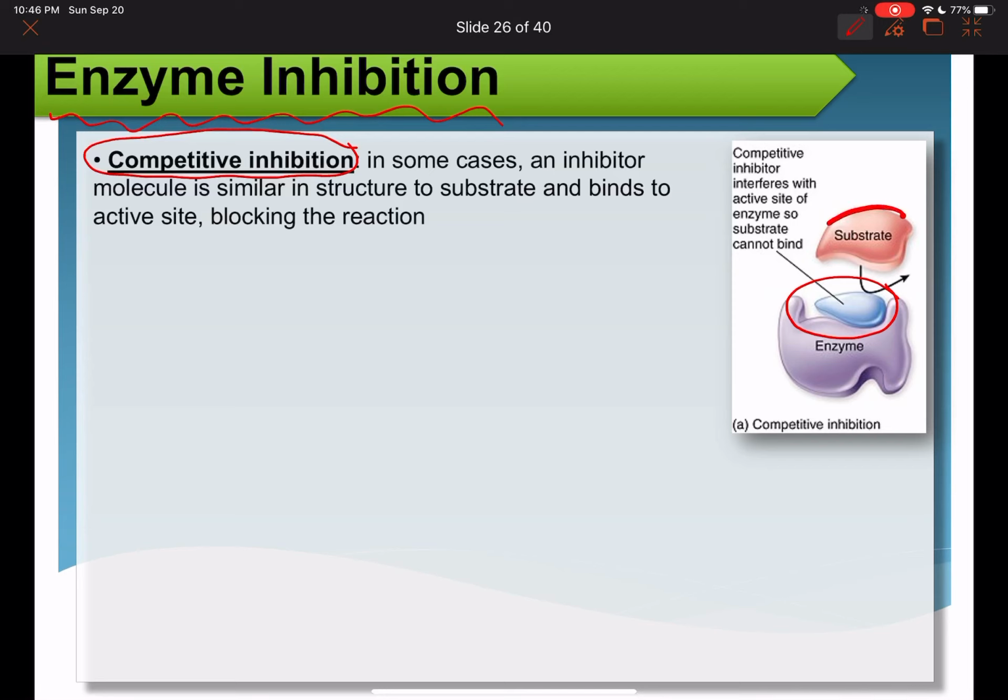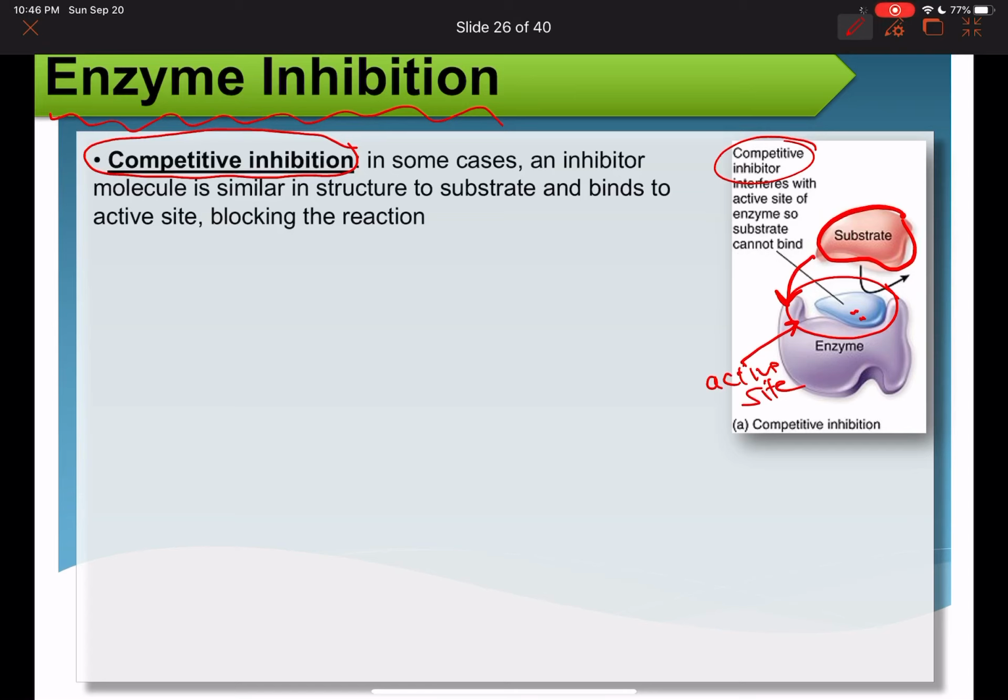So here's the normal substrate for this particular enzyme, but here's this blue guy right here, which is a competitive inhibitor that also binds at the same active site of the enzyme. That's why it's called competitive inhibition. Both the substrate and the inhibitor are competing against each other for the same active site of the enzyme.